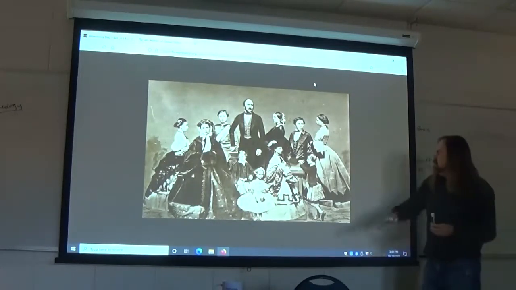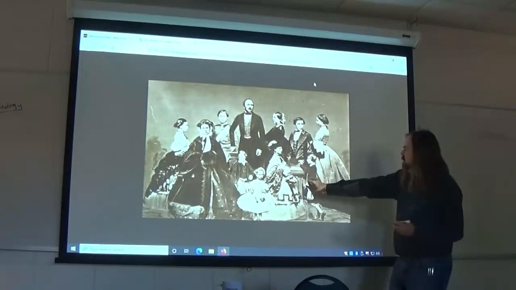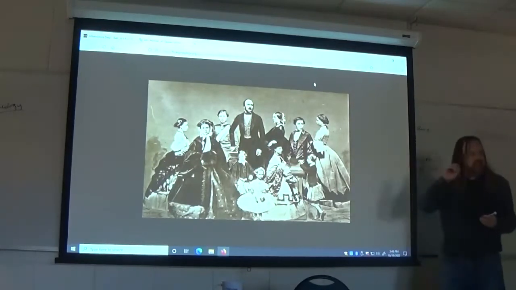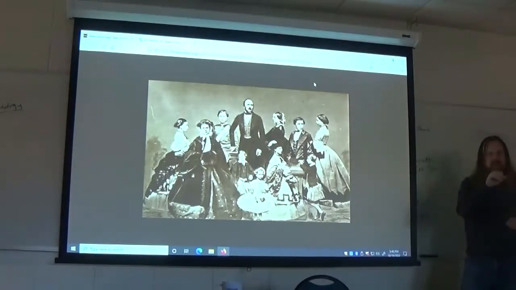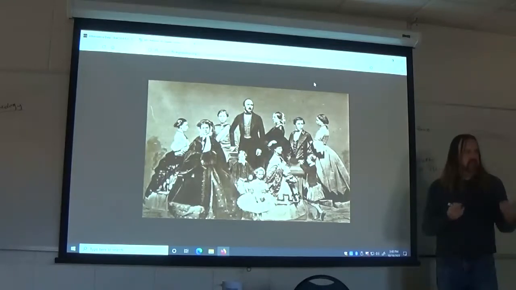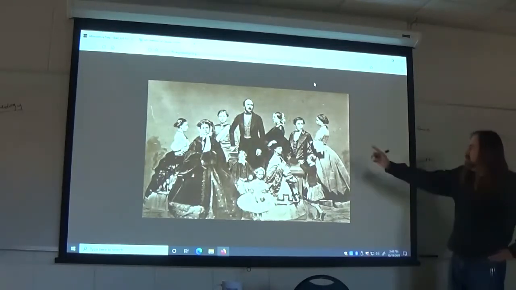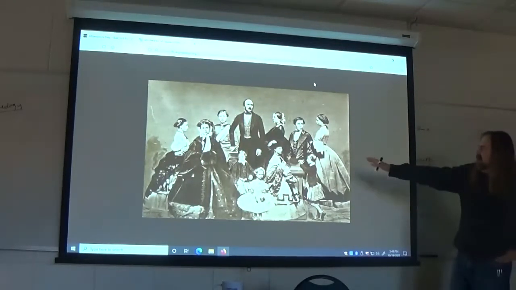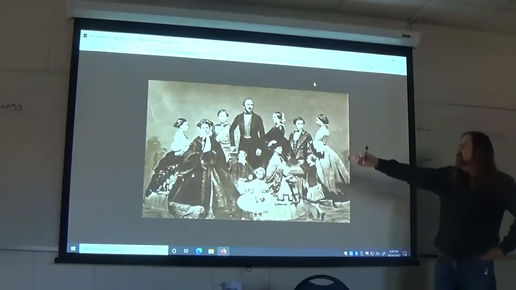With Victorian children, it's not always easy to tell what their gender is because they tended to be dressed alike, whether boys or girls. And children typically had long hair, again regardless of gender. But yeah, the older boys are definitely mimicking their father.